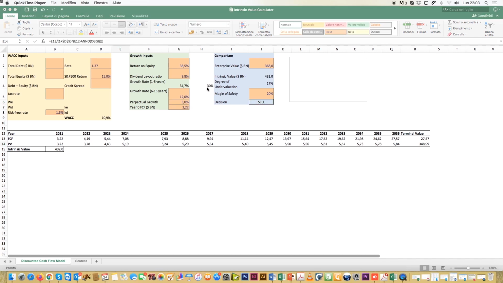So here's another example to prove what I was saying before. Let's say that the company grows in the range between 1 and 5 years at 20%, which is still a great return.